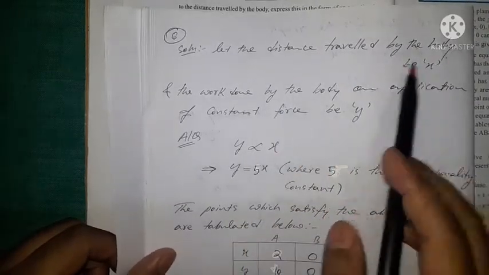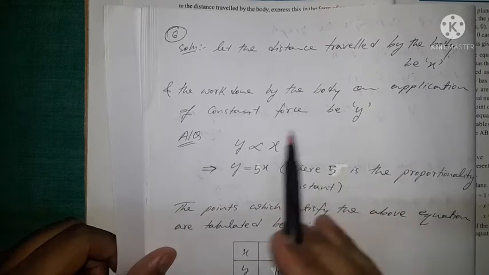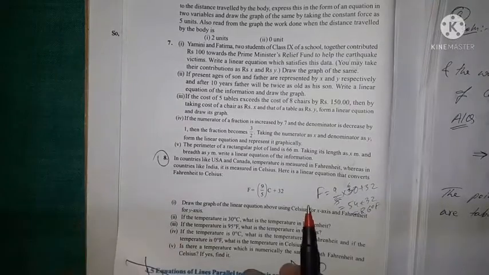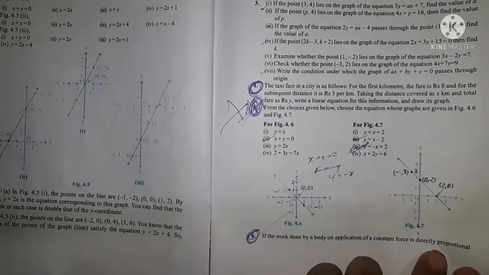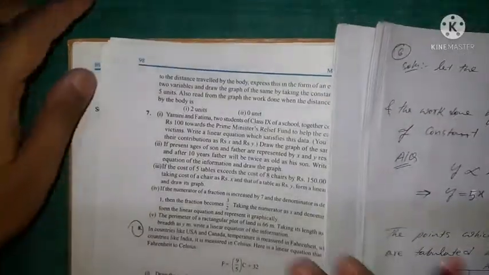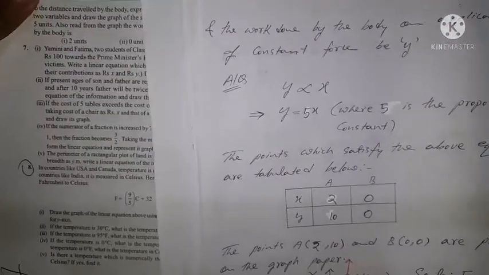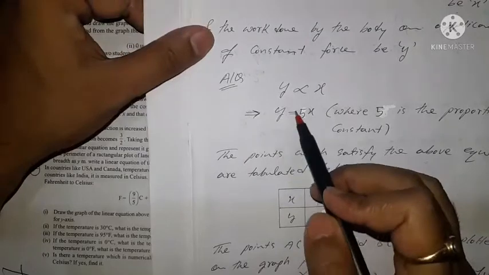According to the question, the work done by the body on application of a constant force is directly proportional to the distance traveled by the body. So y, the work done, is directly proportional to the distance traveled, that is x.